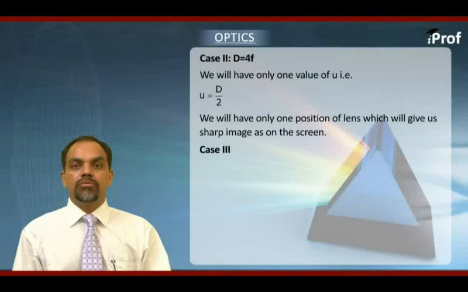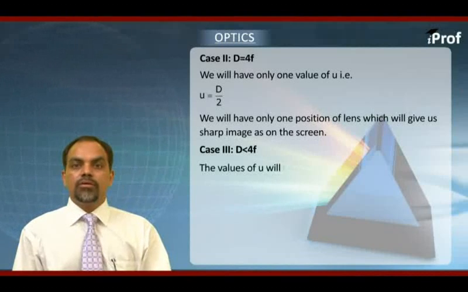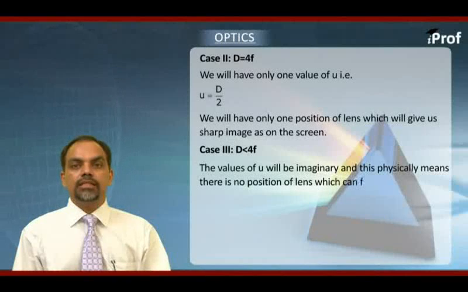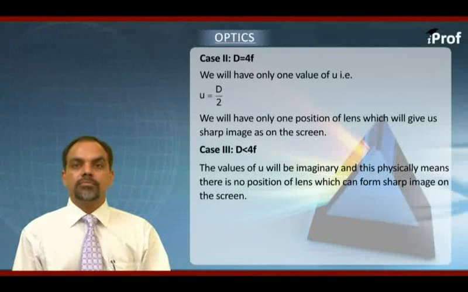Now the third case where D is less than 4f, the values of u will be imaginary, and physically it means there is no position of lens which can form a sharp real image on the screen. That means if we just displace our lens from object position to screen position, we will not come across any position of lens that will form a sharp image on the screen.